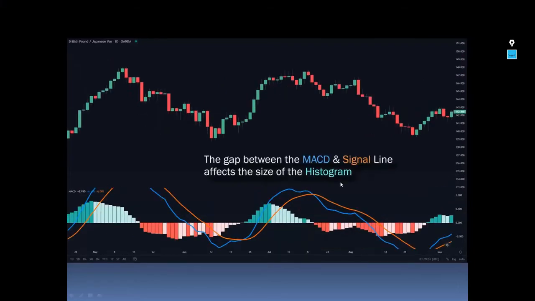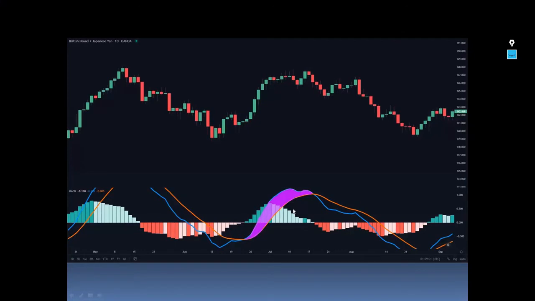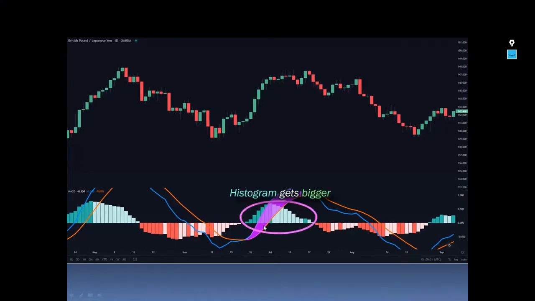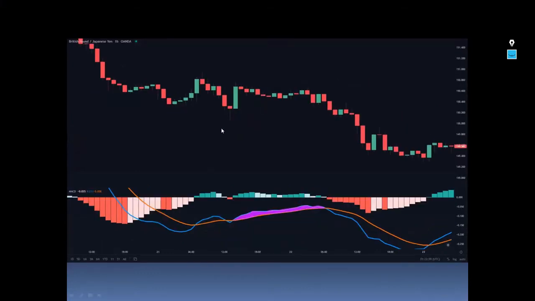There is another thing to it, which is the gap between the MACD and signal line, which will affect the size of the histogram. So what does it mean? If the two lines are further apart, as you can see here, the histogram gets bigger. And if the two lines get closer, the histogram becomes smaller.